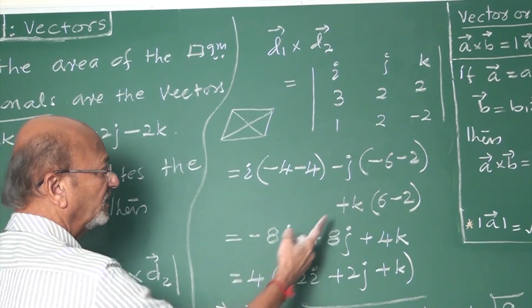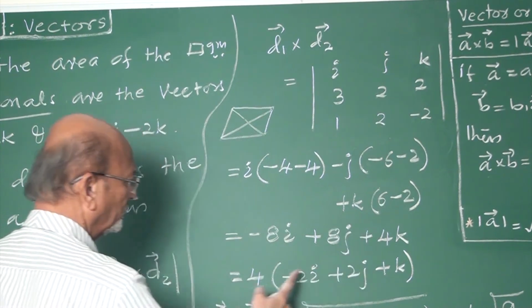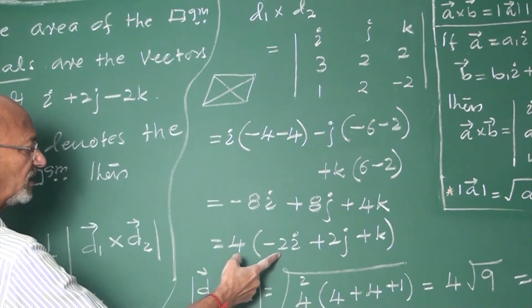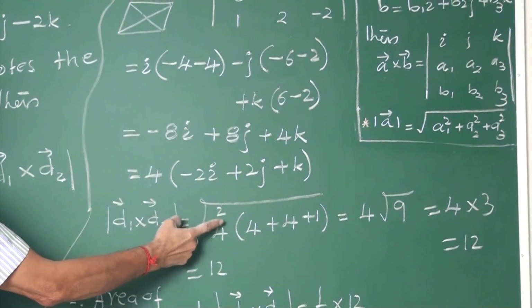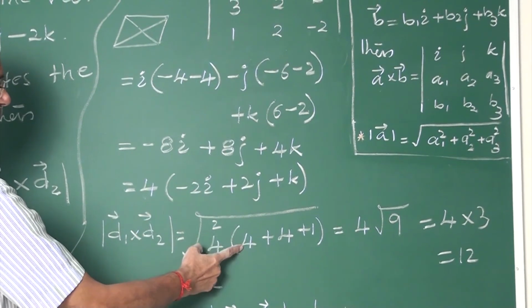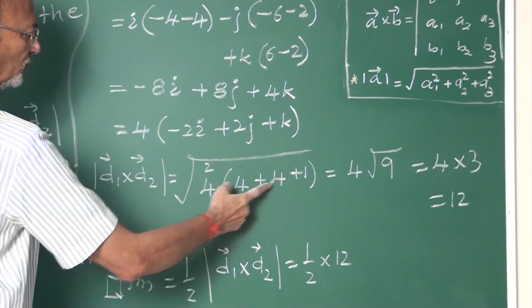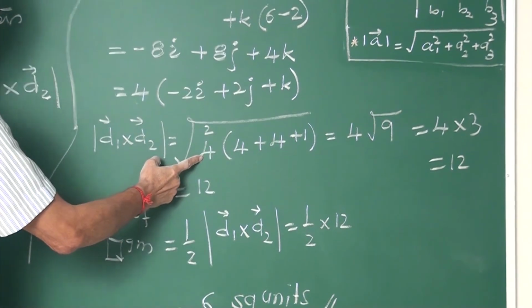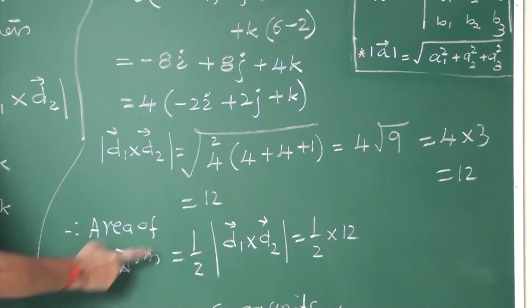Minus 8i, minus with minus is plus 8j plus 4k. 4 is common, you got left. Magnitude, you know the formula, 4 times square root of the sum of squares of the scalar components, 4 plus 4 plus 1, which is 9. Square root of 9 is 3. 4 into 3 is 12.